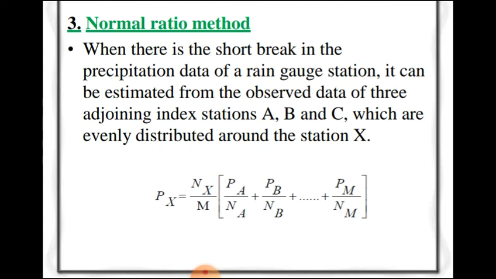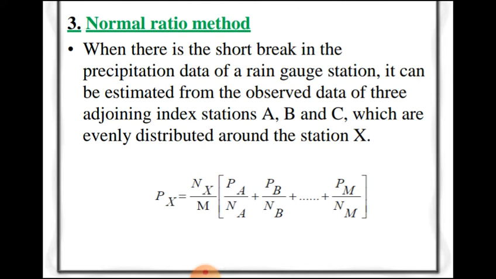We only have values of precipitation at the rain gauges, which we call point rainfall values. From these point values, we want to estimate the average rainfall over that area.